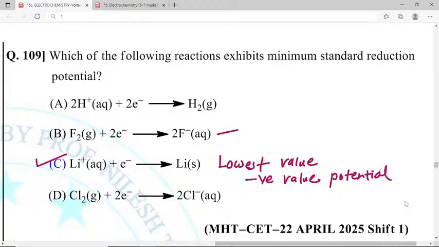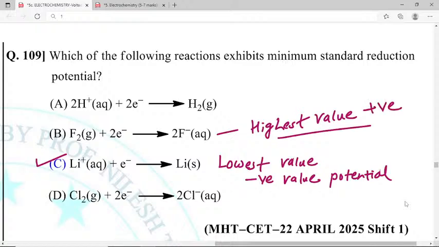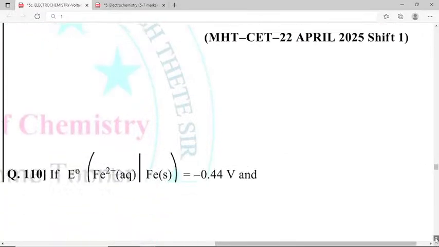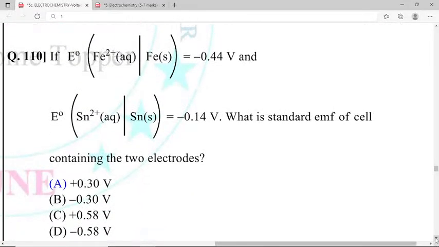And this is for the highest value, positive. Good, good, very good. Next.